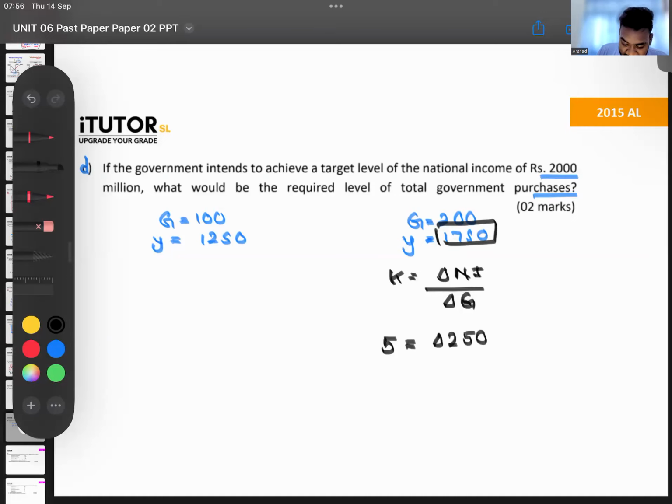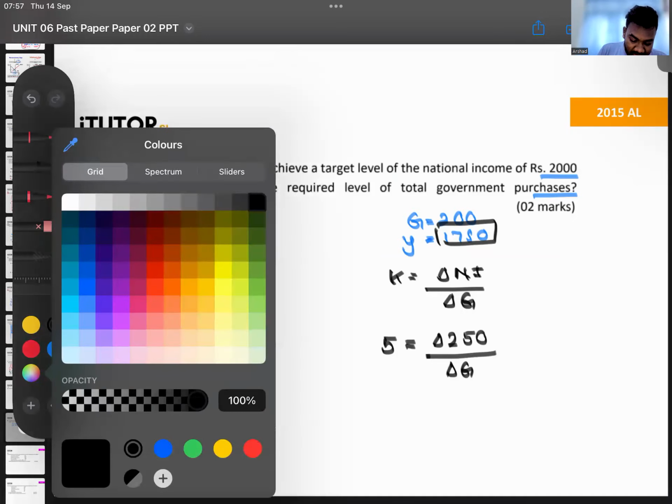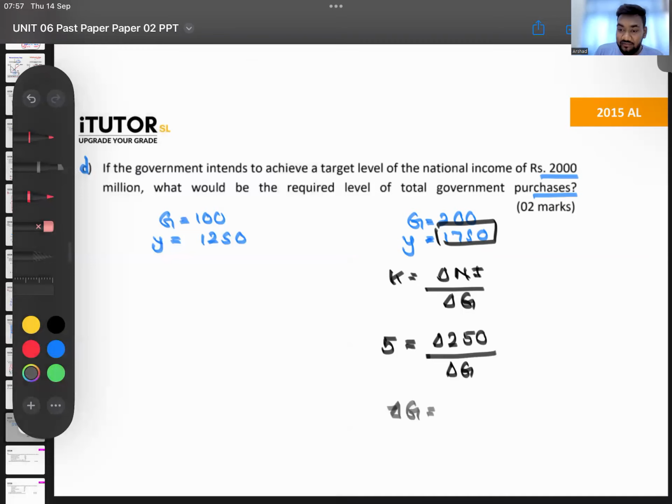So to get this 250 change, how much should government spending change by, guys? Do the maths and give me a number. How much should government spending change by? There has to be a change in government spending of 50. Okay, that is not what they are asking. They are asking what would be the required level of government purchases. So currently it is 200.